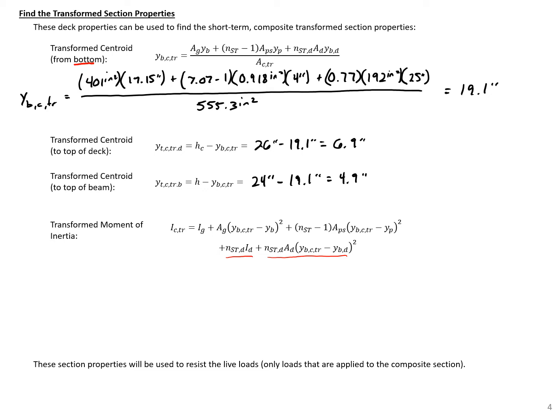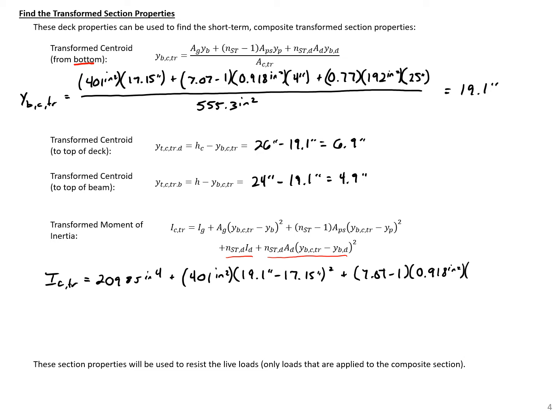So plugging in these values, we'll get an I composite transformed equal to gross moment of inertia 20,985 inches to the fourth, plus our AD squared component, so 401 inches squared times 19.1 minus 17.15 squared, plus our AD squared component for our transform pre-stressing, 7.07 minus 1 times the area, 0.918, times 19.1 minus 4 squared.